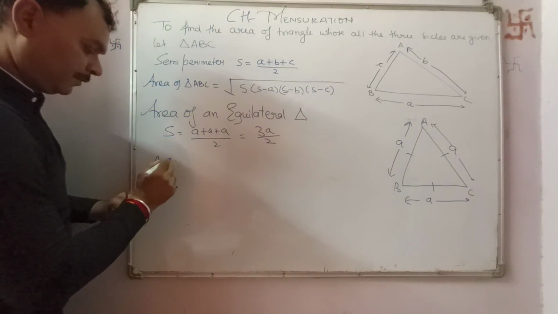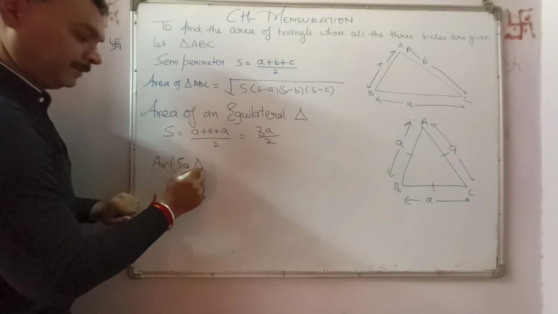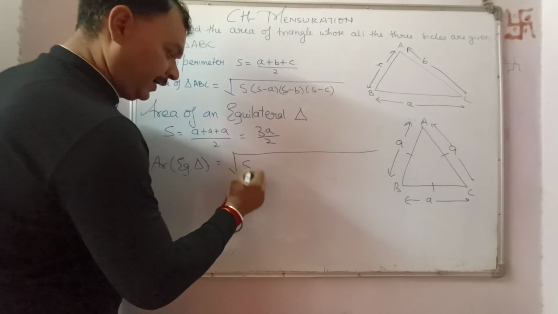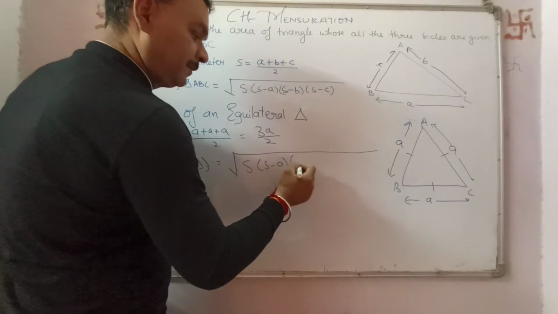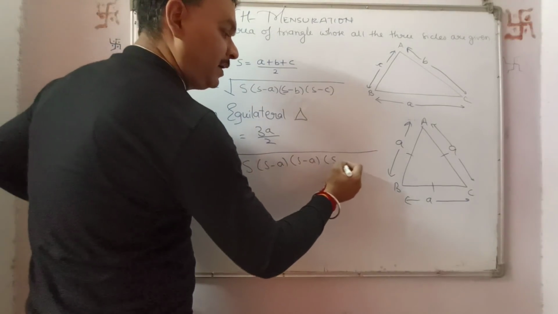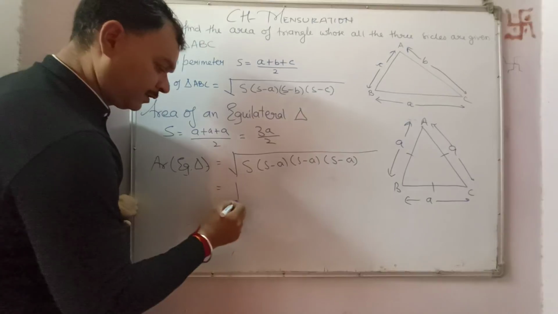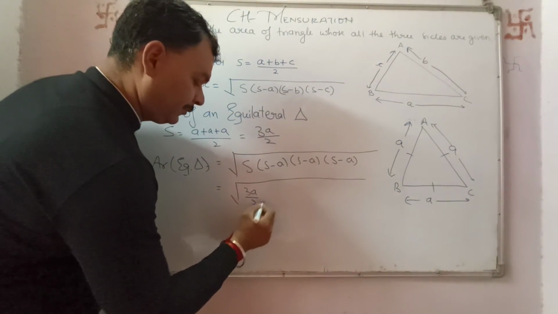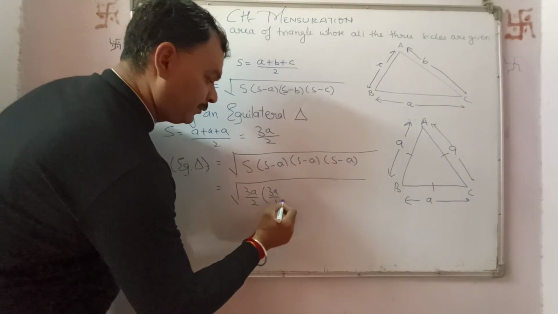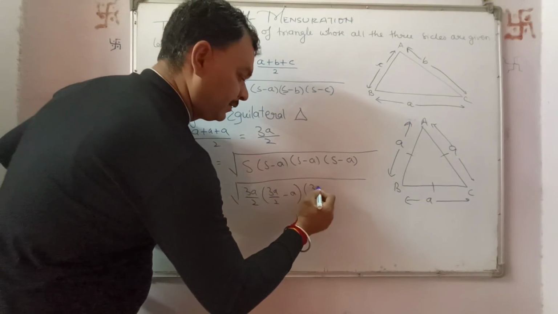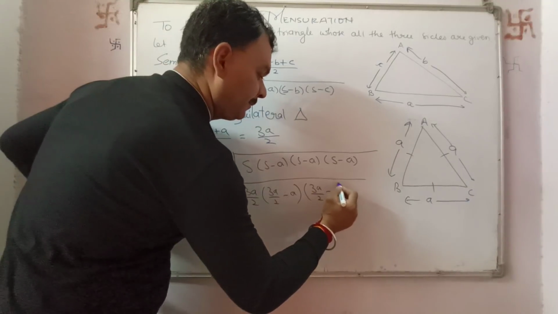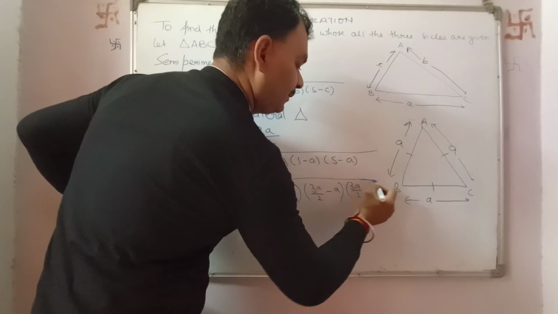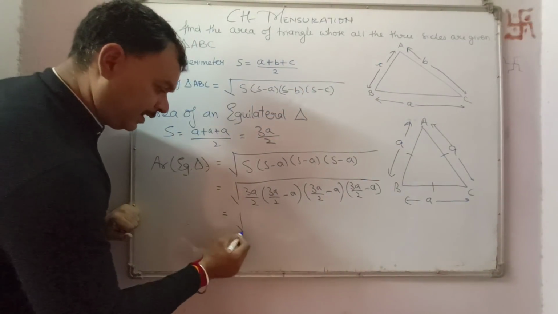Then area of equilateral triangle is equal to under root S, S minus a, S minus a, and S minus a. On substituting the values, we get 3a by 2, 3a by 2 minus a, 3a by 2 minus a, and 3a by 2 minus a.